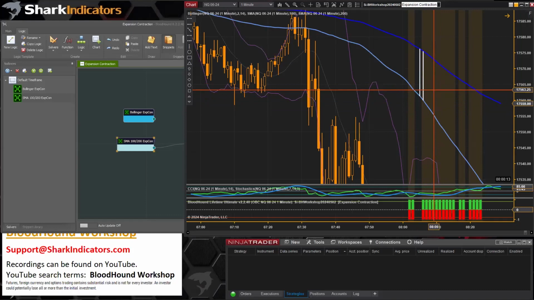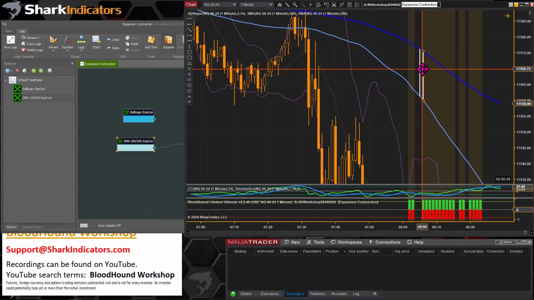There we go. Right. So, when you're doing expansion contraction, you're taking the distance between the two lines of one bar and comparing it to the distance here between the next bar, right? And if the length is growing, then they're expanding. If the length is shortening, then they're contracting.